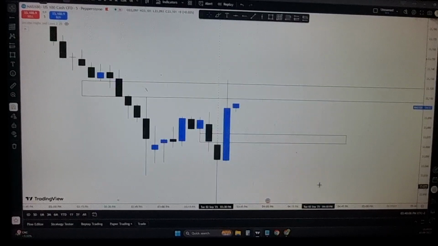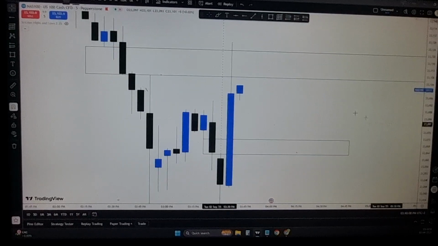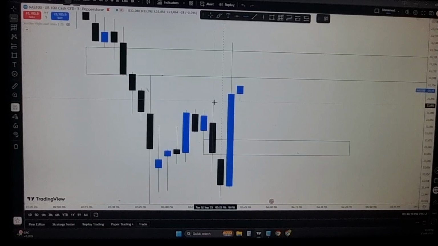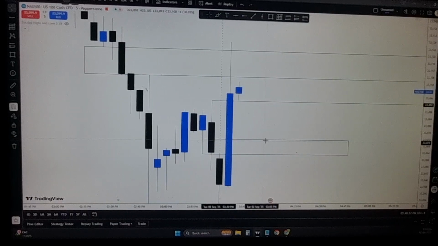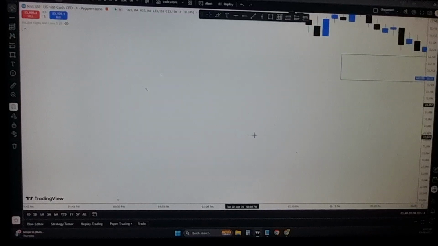Okay, so we have a break of structure. Not gonna enter yet. Definitely gonna wait for a retrace into equilibrium or a fair value gap.